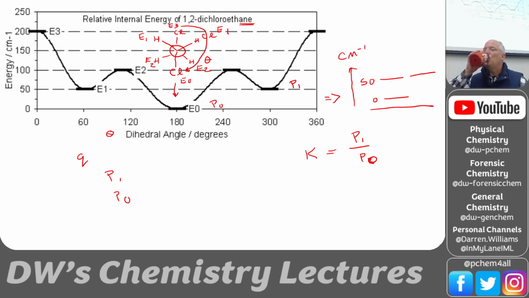For E1, why is that a lower energy level when the two chlorines are so close together? Okay, so let me draw it for E1. When I was trying to label these Newman diagrams, I'm just following the chlorine and letting the hydrogens go with it.